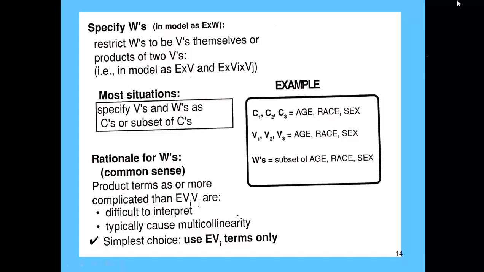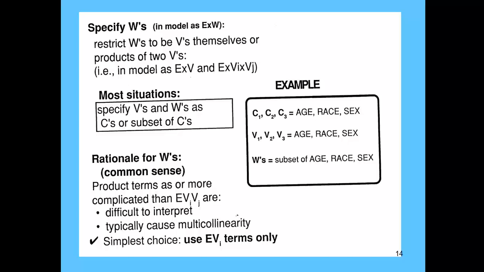So what I'm saying is the product terms shouldn't be more complicated than E, VI, VJ, because if they are, you're going to typically have collinearity problems, and you might have problems trying to figure out what they mean. If you have E times age times race times sex, and you find when you do the analysis that you have to keep that product term in there, what on earth does that mean?